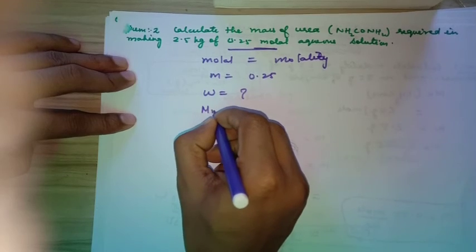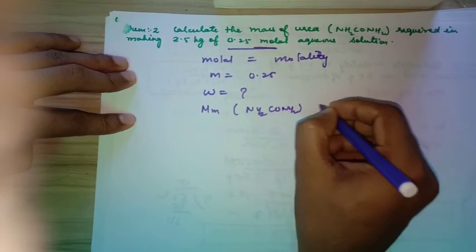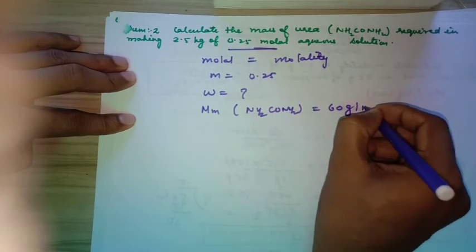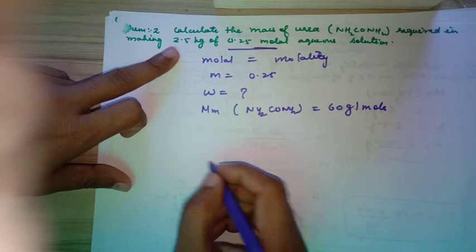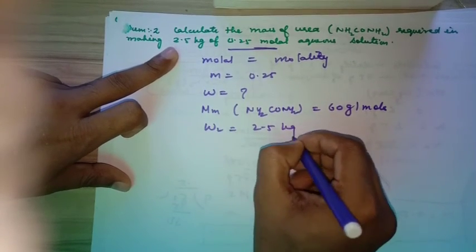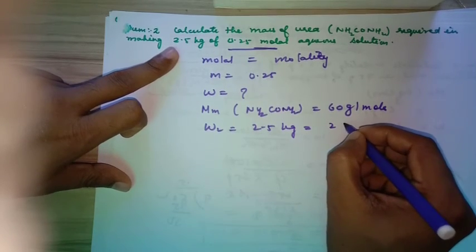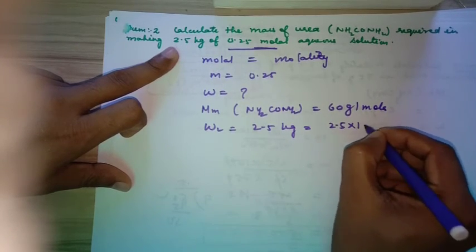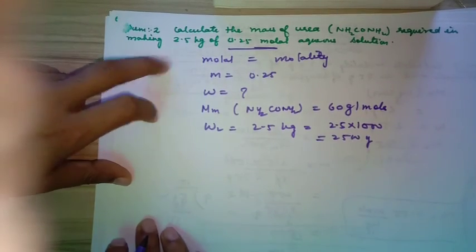Molar mass of urea is same as acetic acid, that is 60 gram per mole. Now the amount of solvent, that is W2, is 2.5 kg. If we write it in terms of gram, it will be 2.5 into 1000, that is 2500 gram.